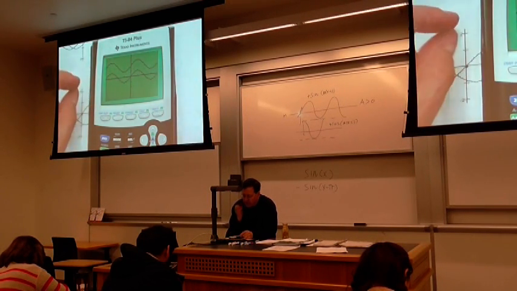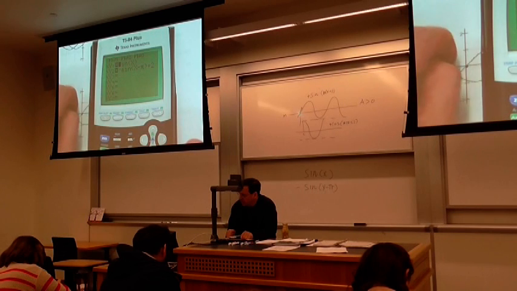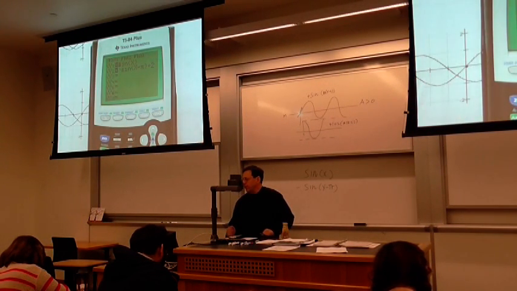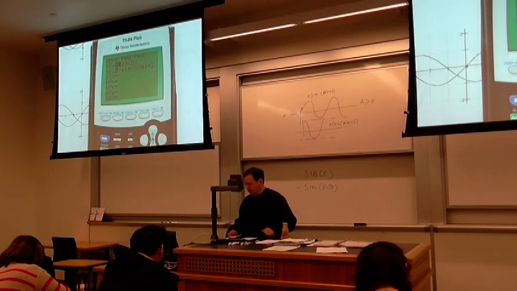But these two overlay each other perfectly, right? Because minus sine of x is just the flip of sine of x, and it looks the same if you move it half a period.